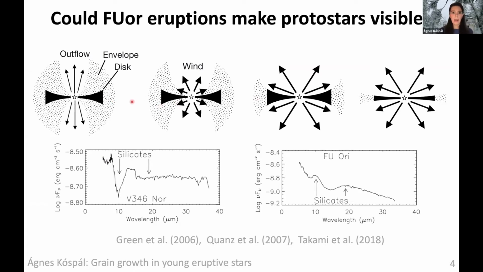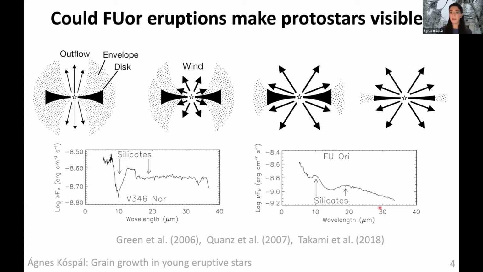So a few outbursts may drive a very young embedded object towards a class 2, a T Tauri phase. And accordingly, we can find FUors in objects which are less evolved, more embedded, and they show, for example, the 10-micron silicate feature in absorption.